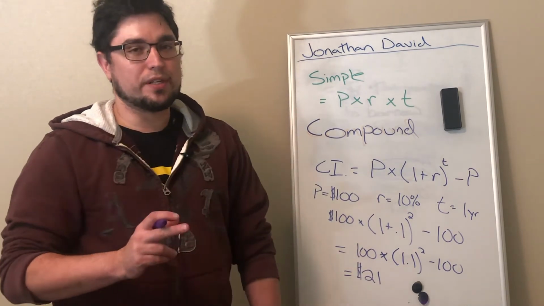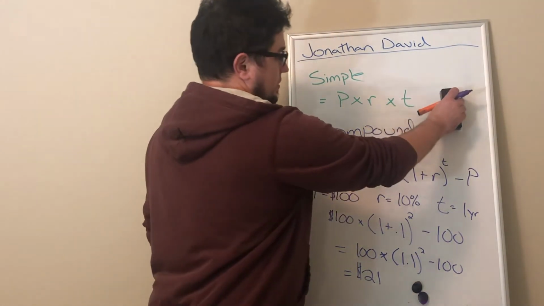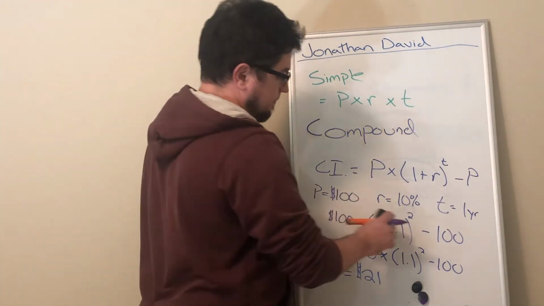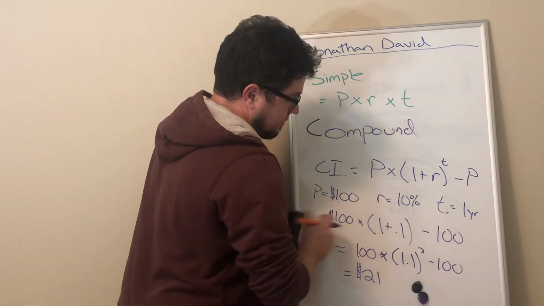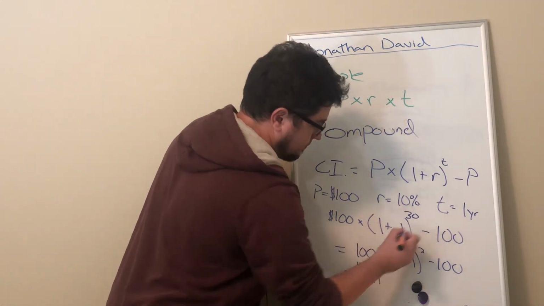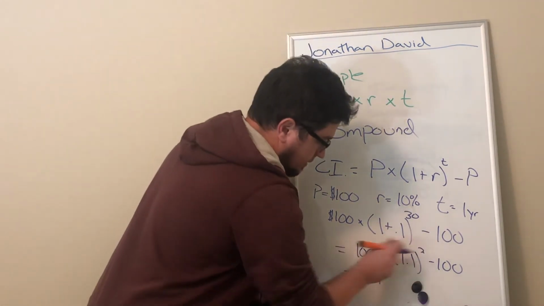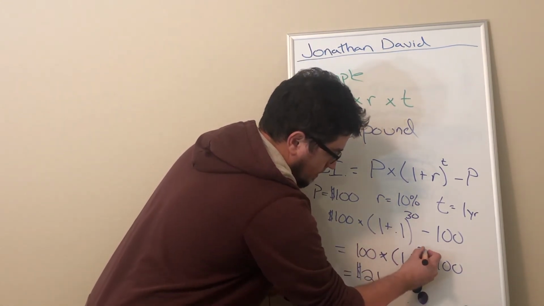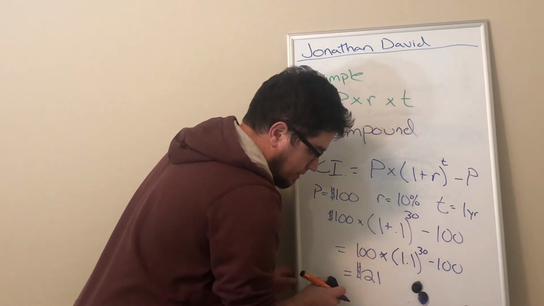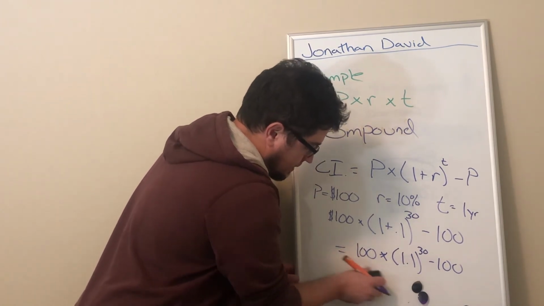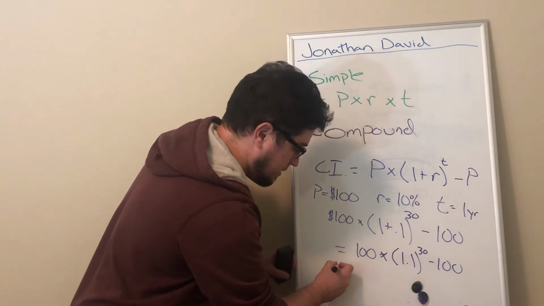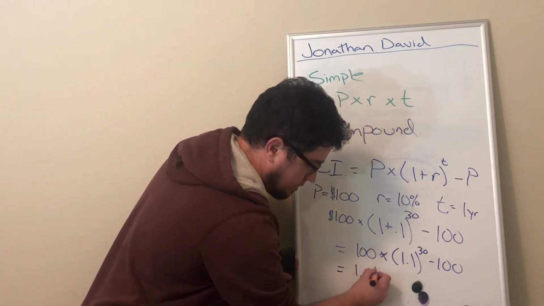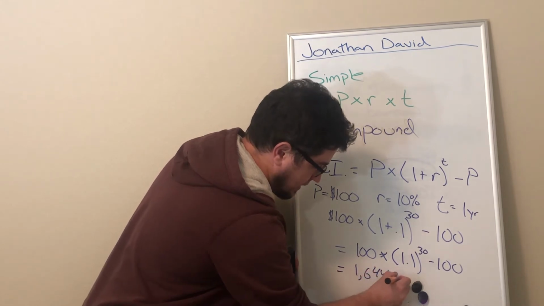Now, let's compare it to 30 years. If you recall, with simple interest, we had $300 total that you paid in interest after 30 years. If we change that to a 30, and you plug this into your calculator, so we're just changing the T value, what you find is that your interest is not $300, it is actually $1,644.94.